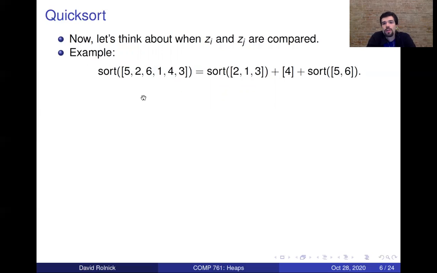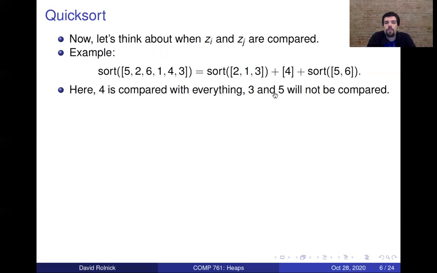Okay. So if we pick the pivot 4, we've divided the list into the things before 4 and the things after 4. So in this case, 4 is going to be compared with everything, and 3 and 5 will never be compared, no matter how we do this sorting, because they're in different lists. We can generalize this argument.